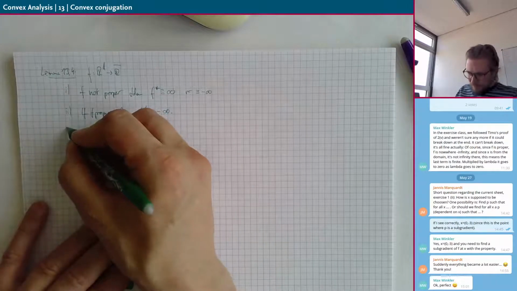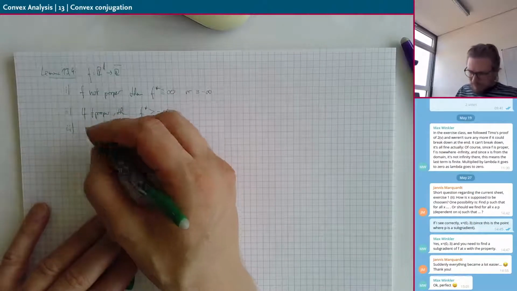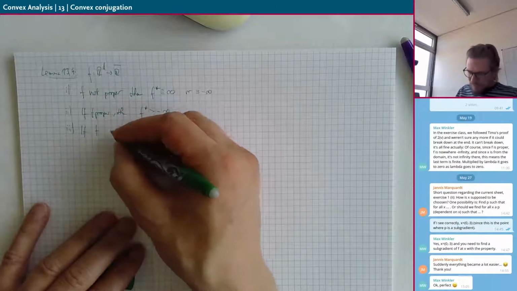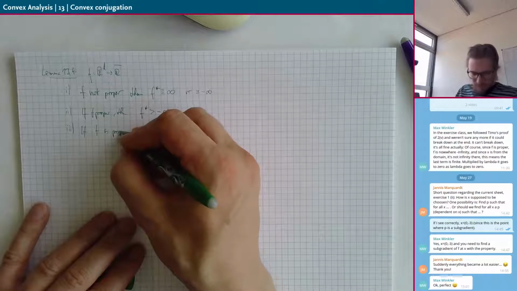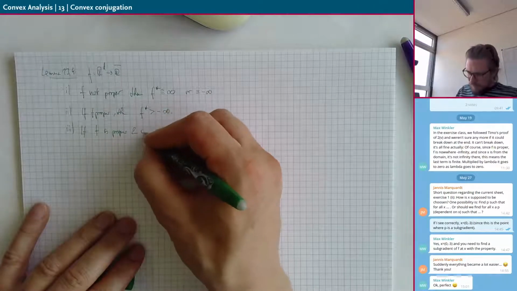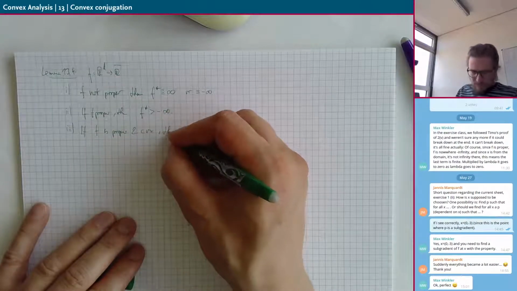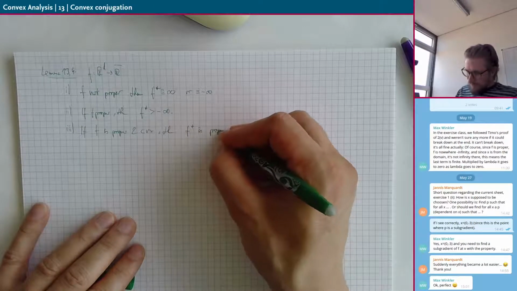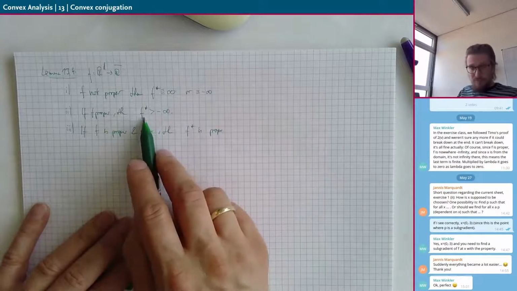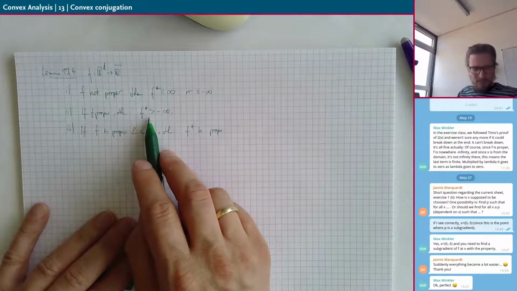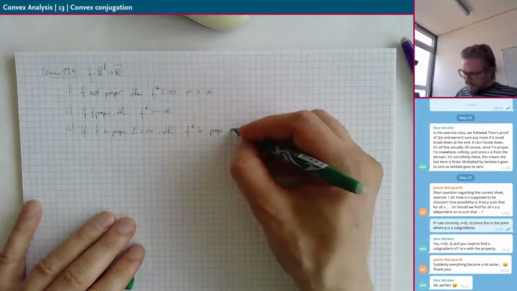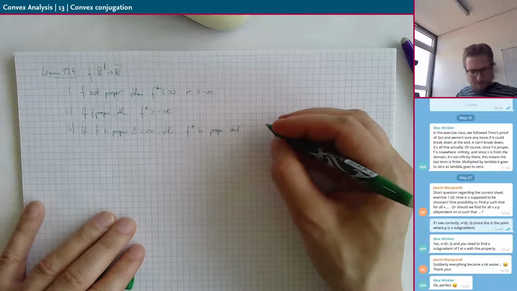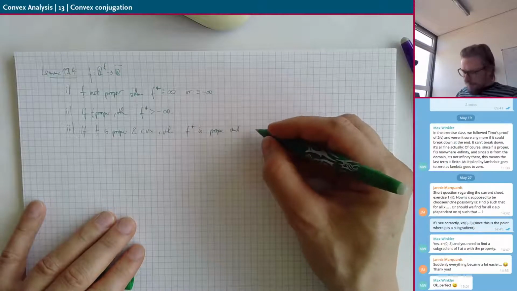And probably the third part is the most interesting. If f is proper and convex, then f star is again proper. We don't know that here actually, right? The f star could still be constant plus infinity. Two more facts.